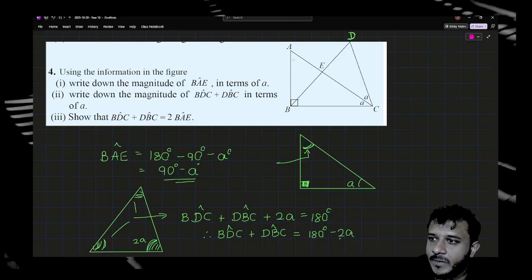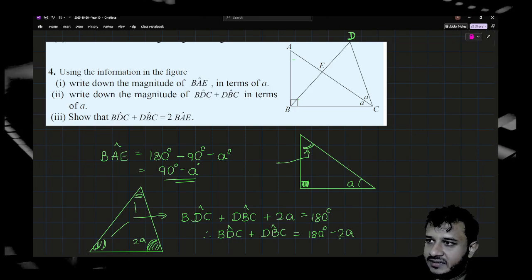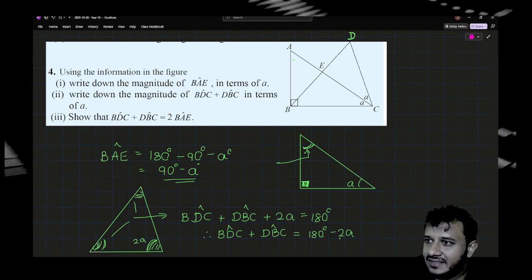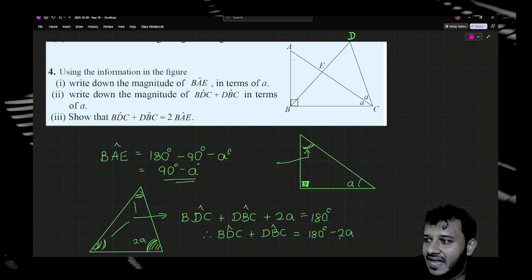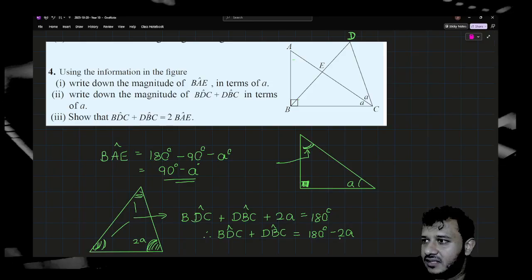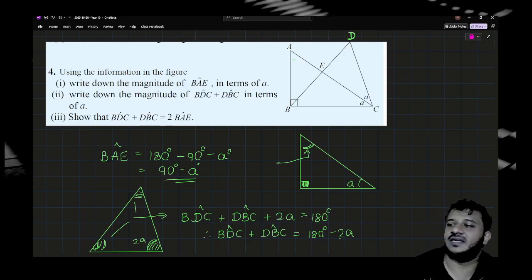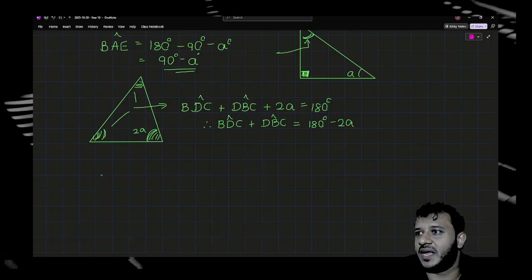Got it? And then they are saying show that BDC and DBC is twice... easy, no? This is like tiny.